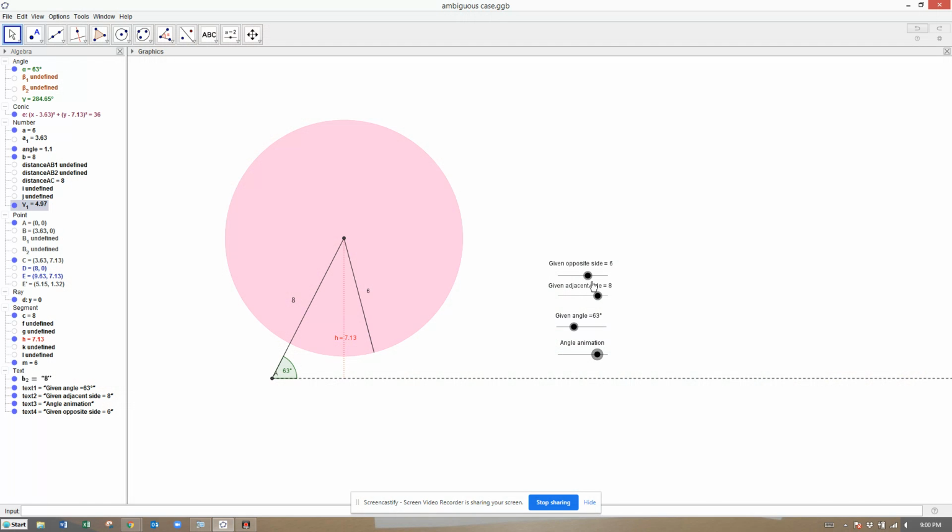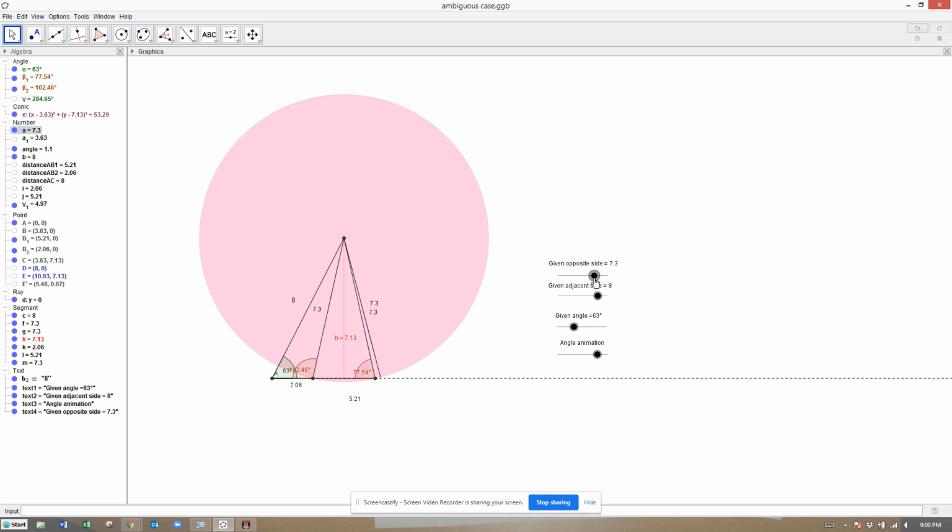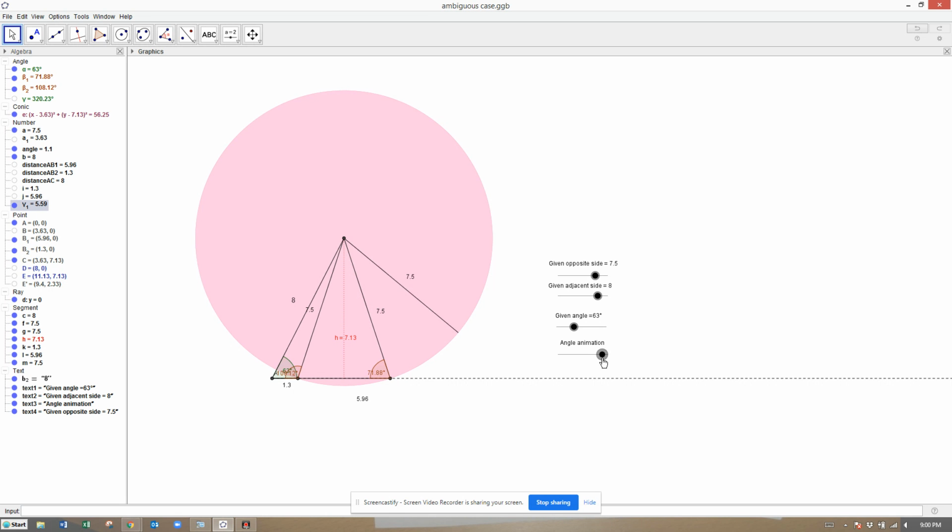So if we choose a value, maybe we choose 7.5, you can look at it now and see, oh, okay, I can complete my triangle here. I've got a nice big wide triangle, and then I can complete my triangle right there, and I've got this small sliver of a triangle.